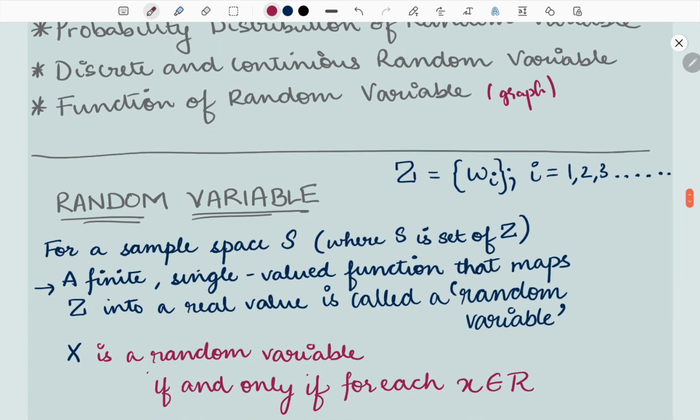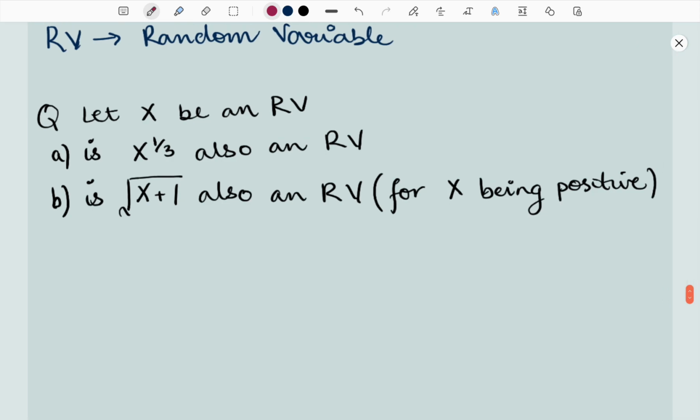Random variable. First of all, let us define Z, which is, for any random experiment, the total number of possible outcomes, defined as elements of set Z and denoted as Wi, where i belongs to 1, 2, 3, and all positive numbers.